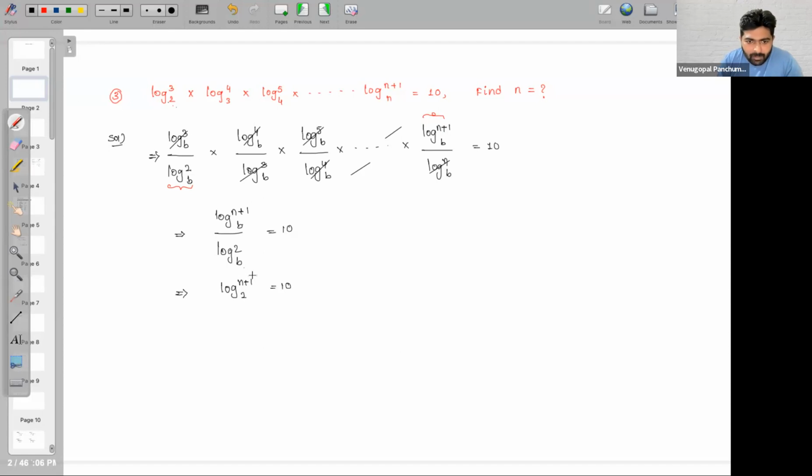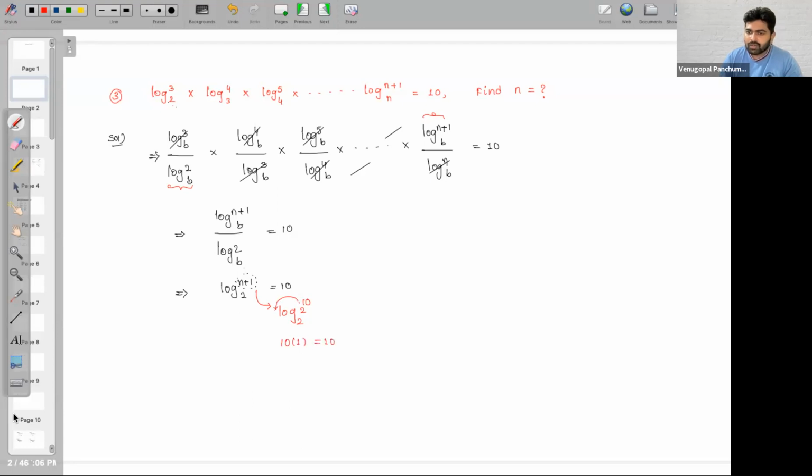By writing what number here will I get 10? Can I write 2 power 10, right? Simple, na? So log base 2 of 2 power 10: from the properties of logarithms, this 10 will come down here, which becomes 10 into 1, and you get the value 10.